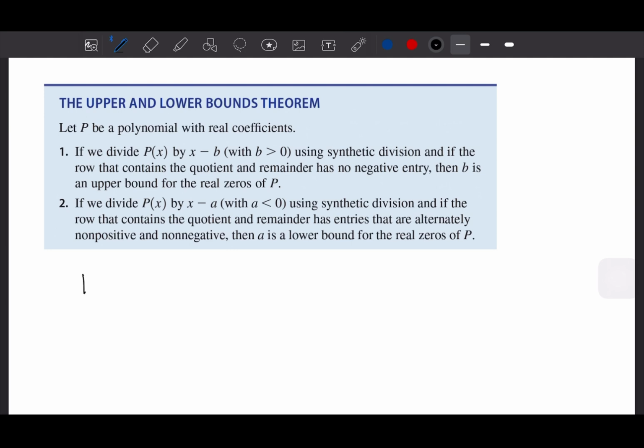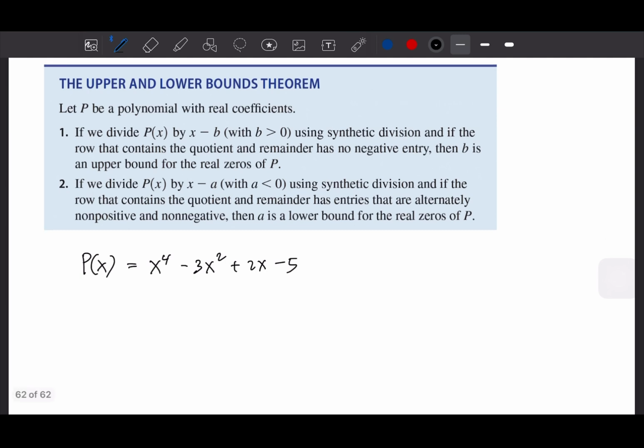So if we have p(x) equals x to the power of 4 minus 3x squared plus 2x minus 5. Let's say that the zeros of p(x) lie between -3 and 2.